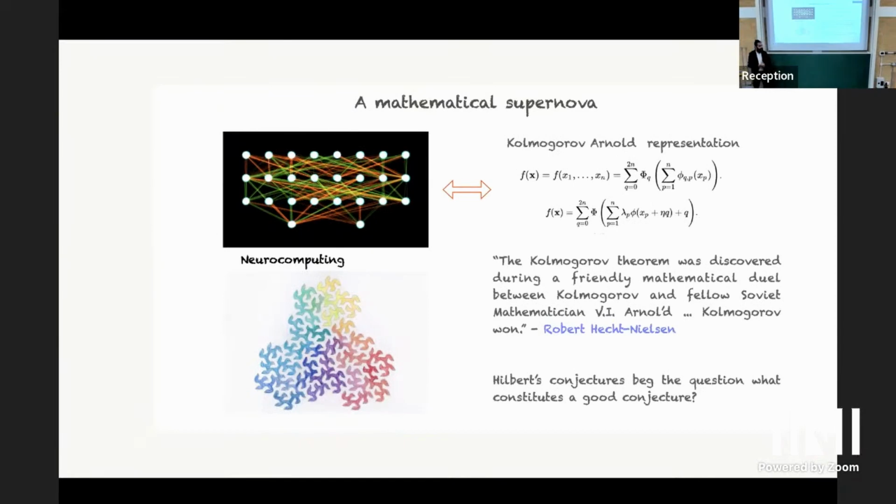It drove development in a few different areas of mathematics, and it had a deep impact in modern machine learning. So Hilbert's conjectures beg the question, what constitutes a good conjecture? A priori, I'll tell you that this is an incredibly hard problem, and there are several folks who have thought deeply about this for a number of decades.